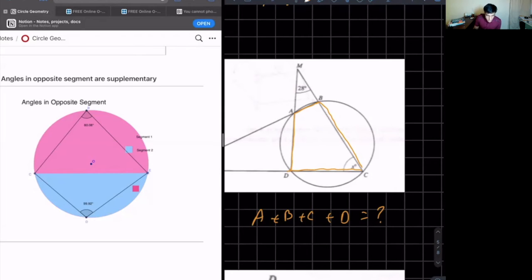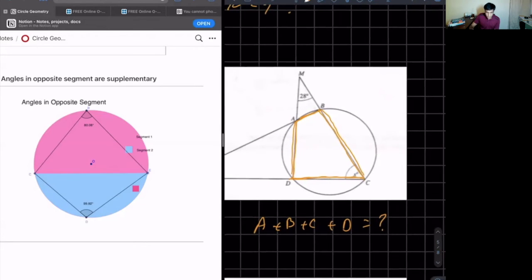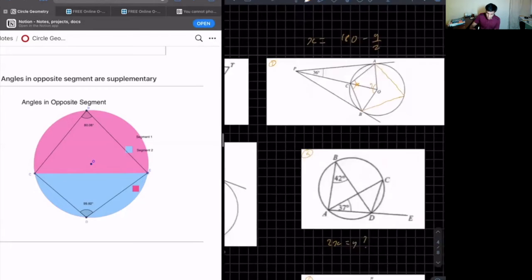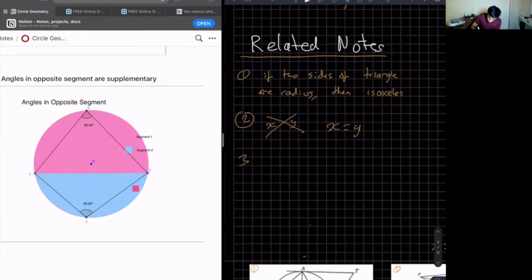So the answer is 360. It is a quadrilateral. A shape with four sides always has angles that sum to 360. It's inscribed in the circle, it's 360. So again, write this down in your notes. If you struggled, quadrilateral angles add up to 360.